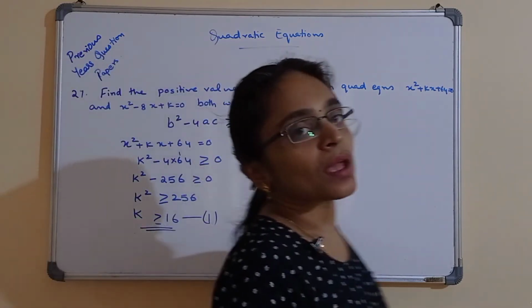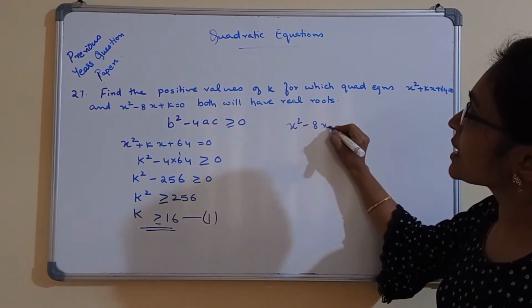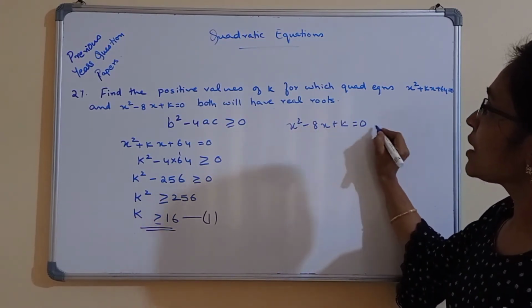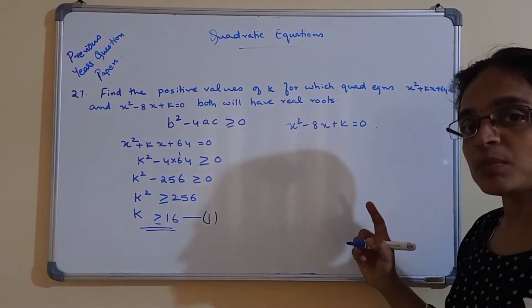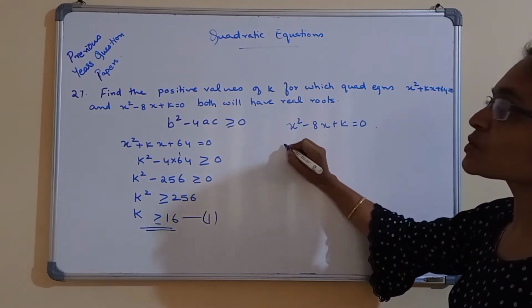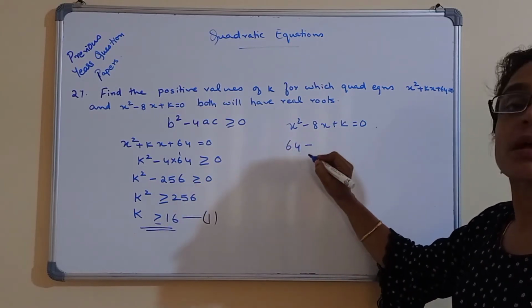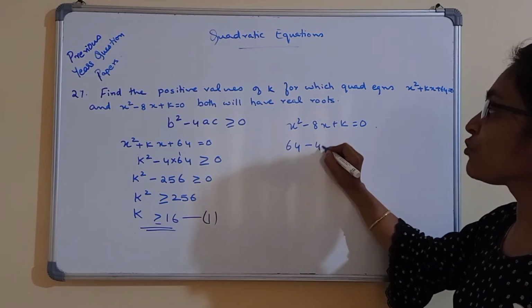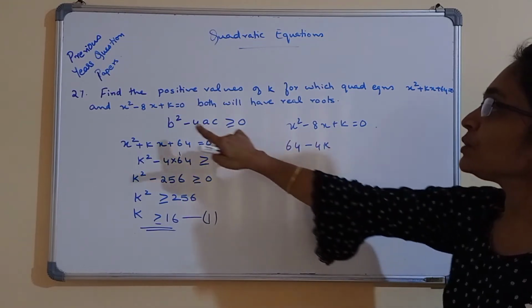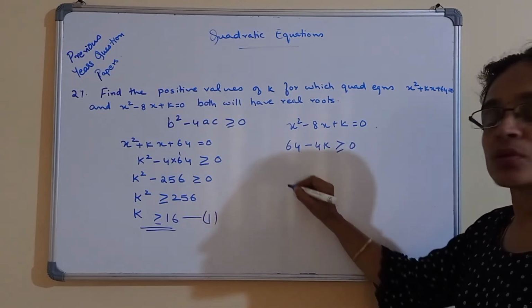Now, the second equation is x square minus 8x plus k equal to 0. And here also b square minus 4ac is greater than or equal to 0, which means b square is minus 8 the whole square, which is 64, minus 4ac, that is 4 into 1 into k, that is 4k, greater than or equal to 0.